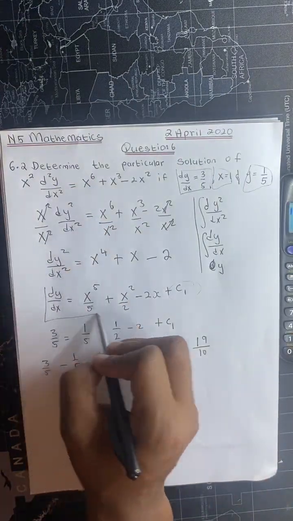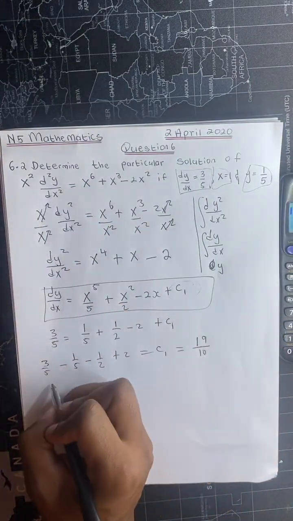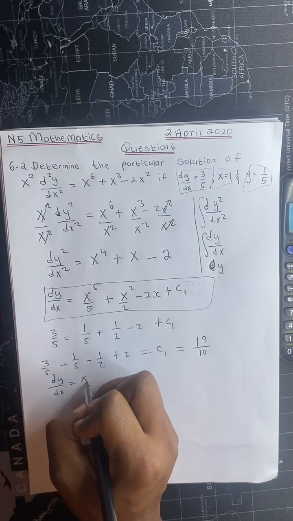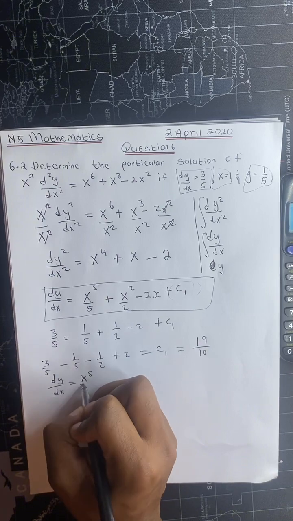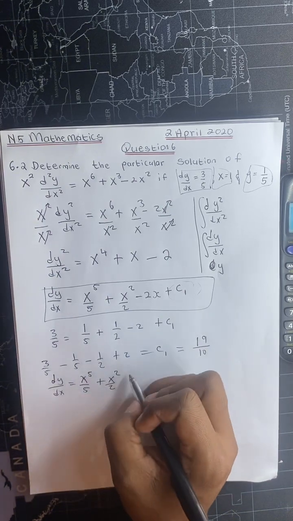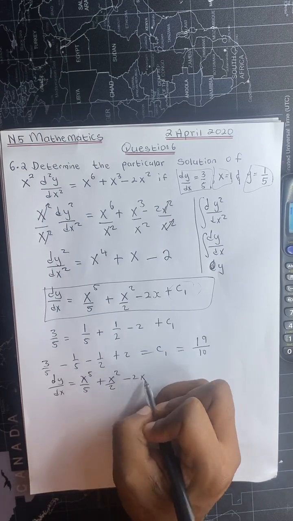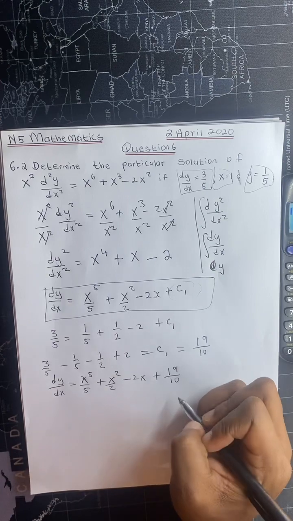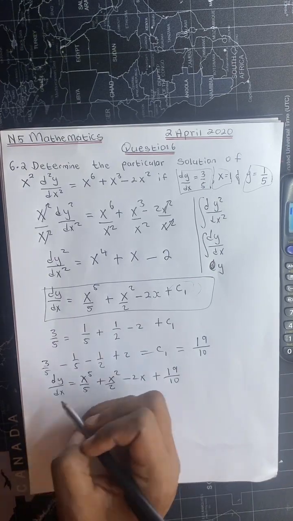So we can rewrite that with the value of c1. So we have dy over dx is equal to x to the power 5 over 5 plus x squared over 2 minus 2x plus our c1, which we determined as 19 over 10. So we integrate this left hand side again.